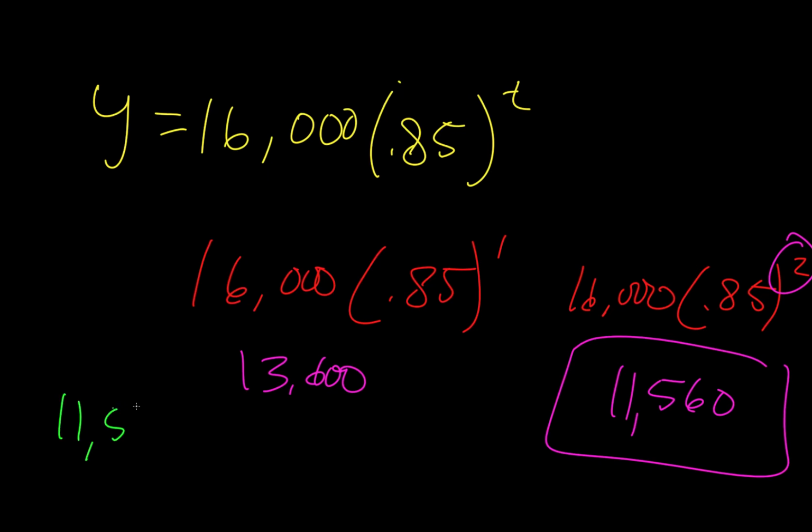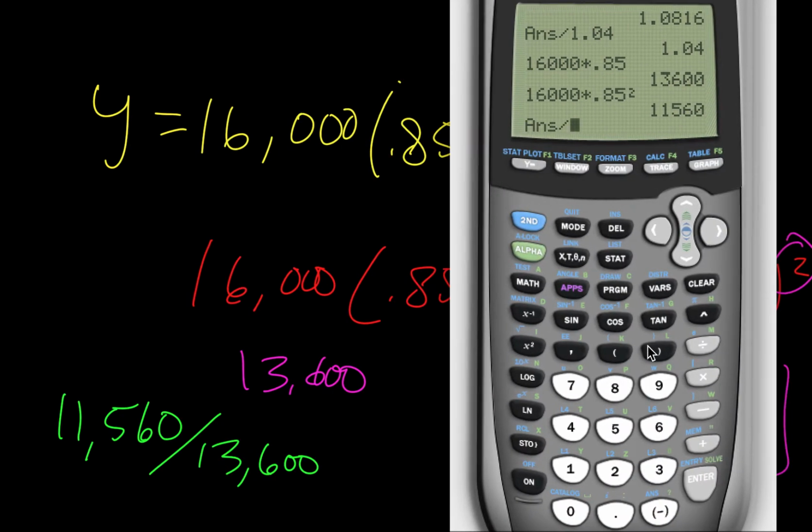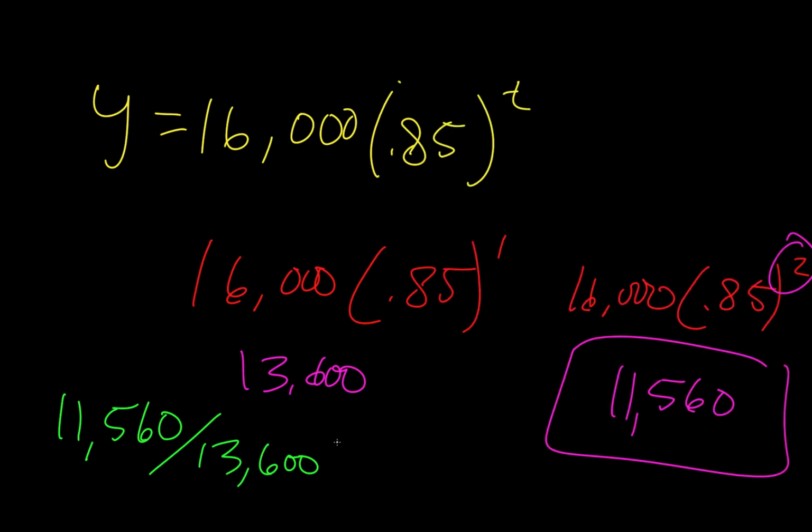So 11,560 divided by 13,600. We get 0.85.